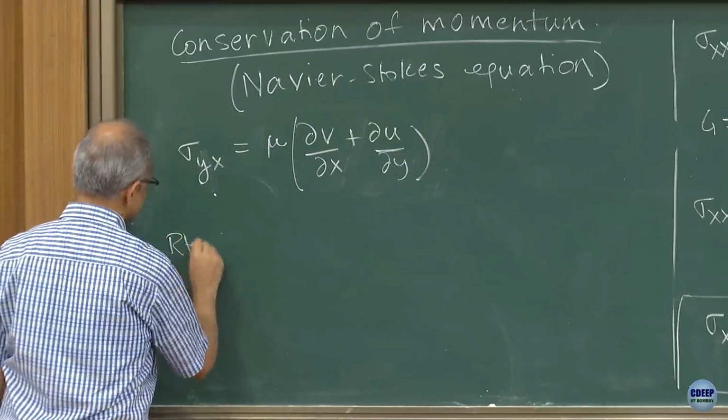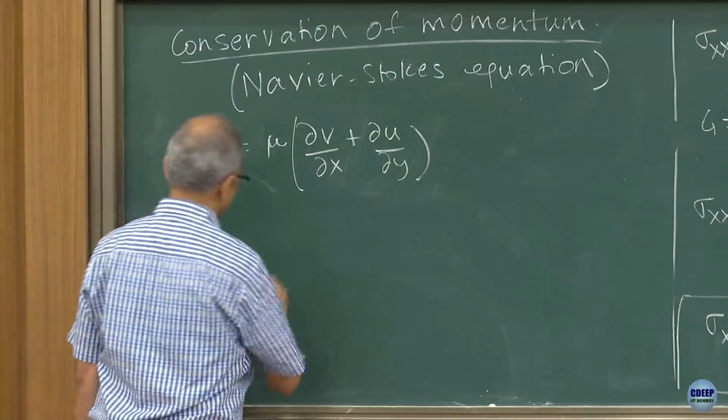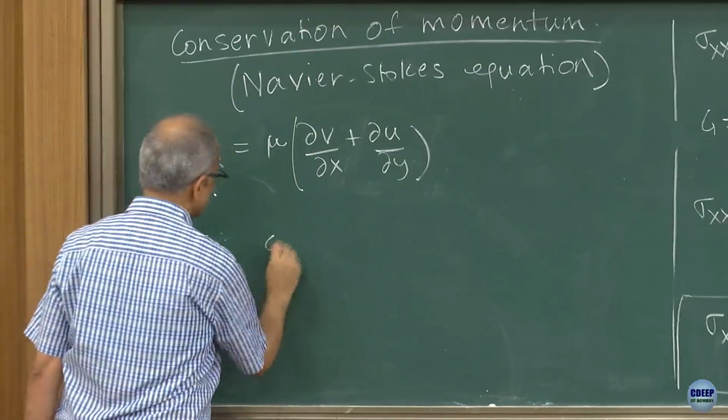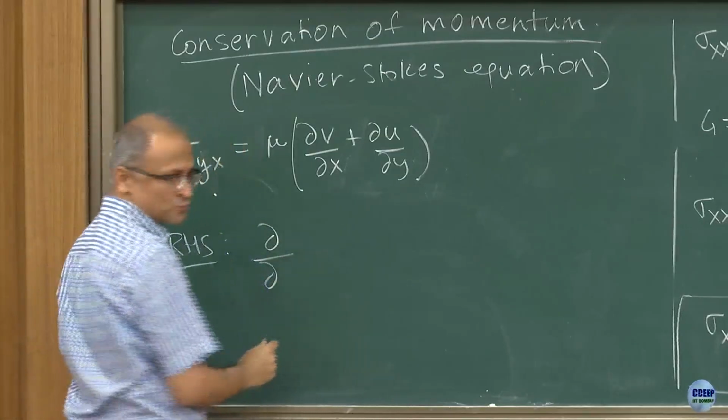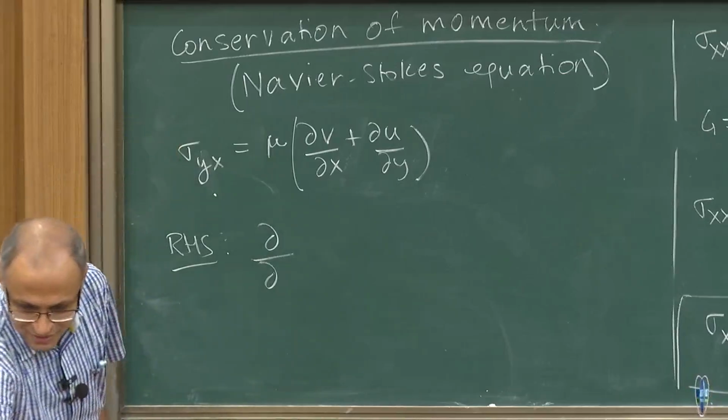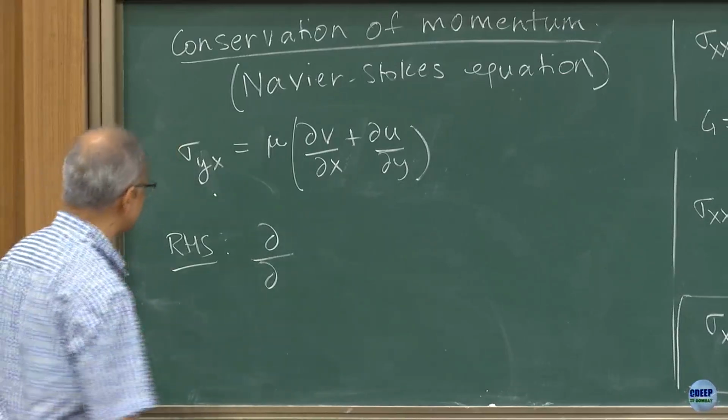If I look at the right hand side of the momentum equation, we will do everything in the next class, but let me just make a few points in the last 2 minutes that we have here.